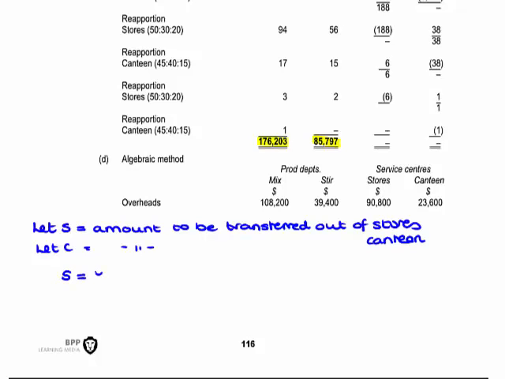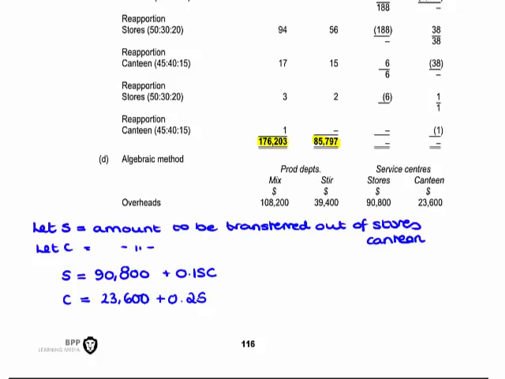So S is equal to 90,800 because that's how much we allocated and apportioned in step 1 to the stores, plus 15% of the value of the canteen. And the canteen had 23,600 allocated and apportioned to it. We've also got 20% of the stores costs because the stores do 20% of their work for the canteen. So what we've got now then are two simultaneous equations, and we need to solve those.